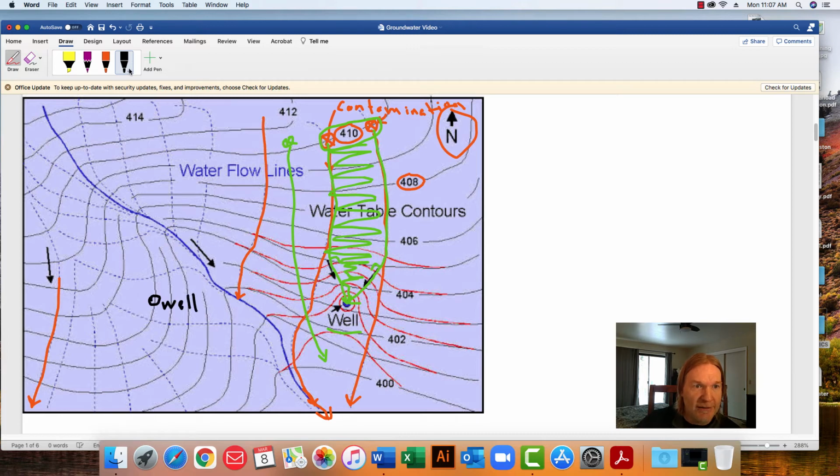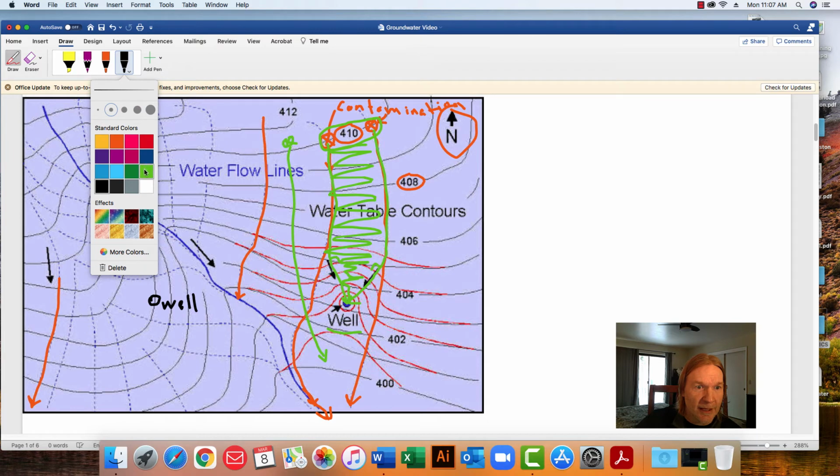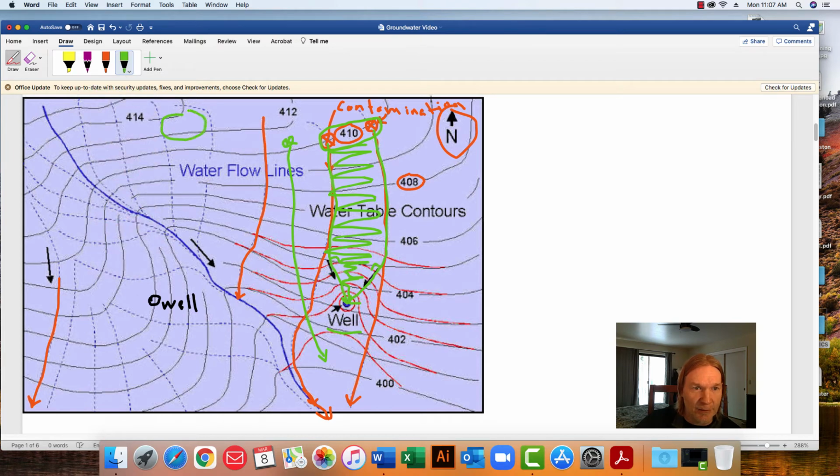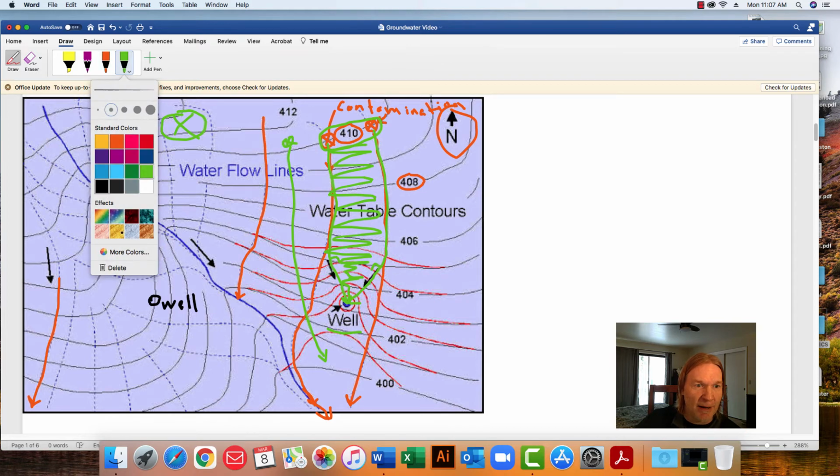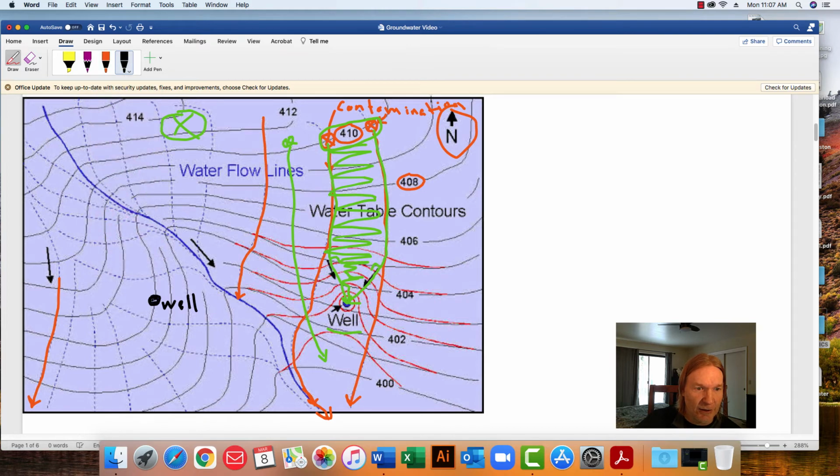And over on this side, I have a toxic waste dump right here. In fact, they buried radioactive waste right here on the other side of the stream. The question is, is my well going to be in danger of contamination from this source right here?